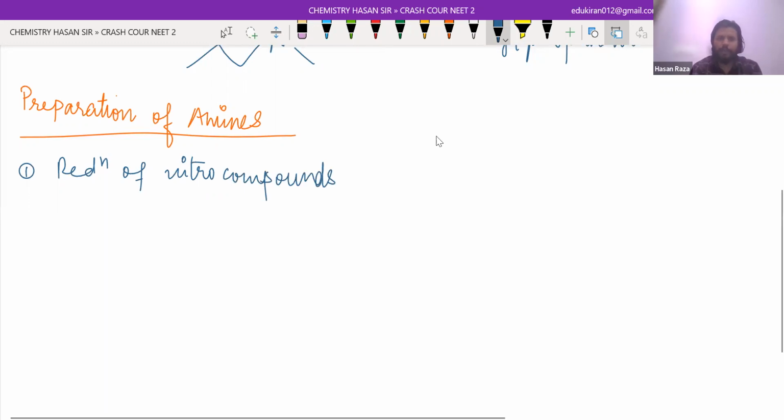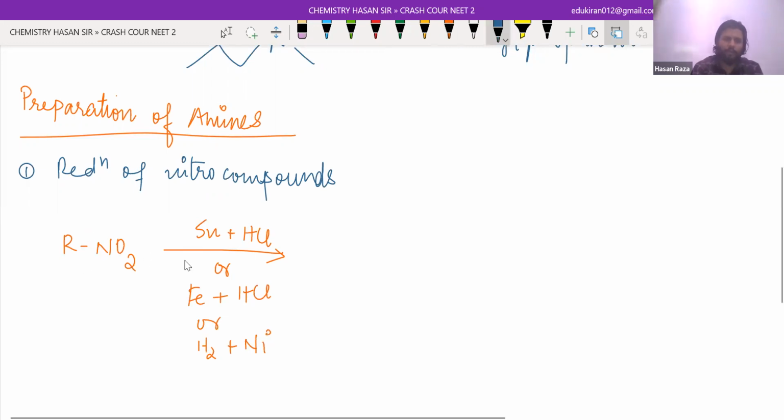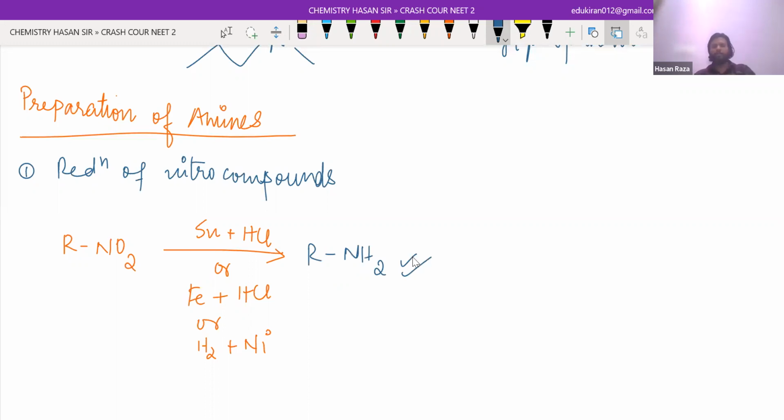If you have a nitro compound, you are going to use Sn plus HCl, or either Fe plus HCl, or either H2 plus nickel catalyst. This will be reduced directly to RNH2. Basically, oxygen will be removed, which means reduction is taking place, and also hydrogen is added. In this way, we prepare amine from nitro compounds. Is that clear?